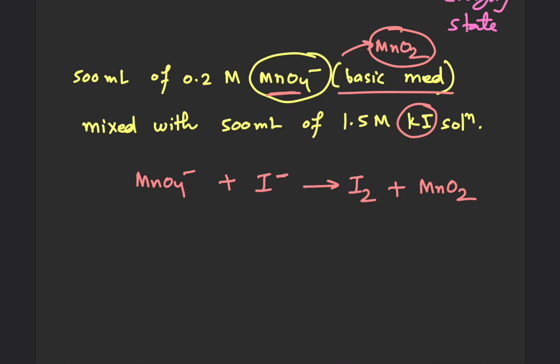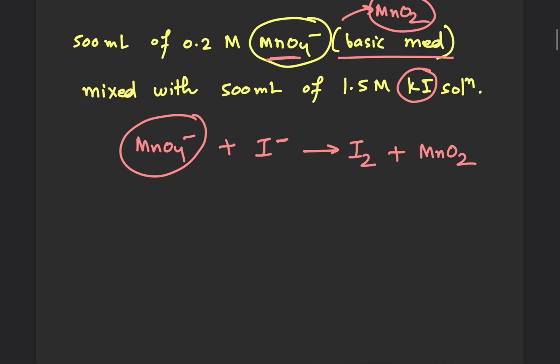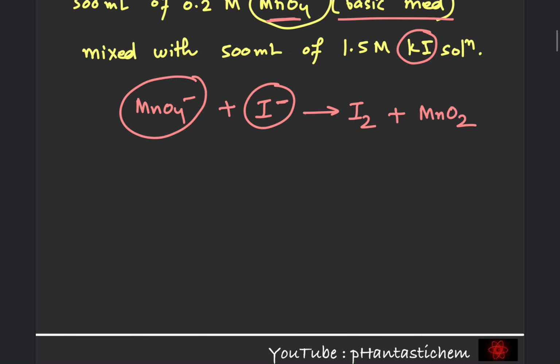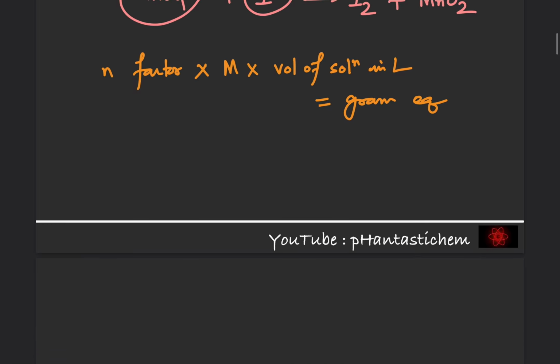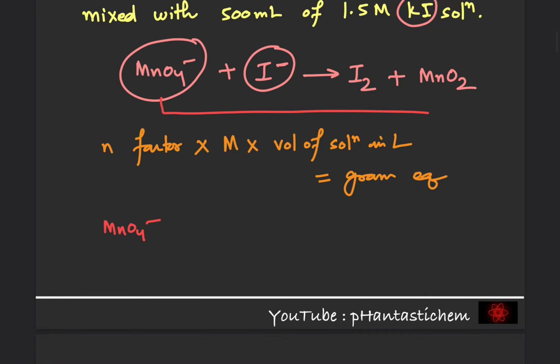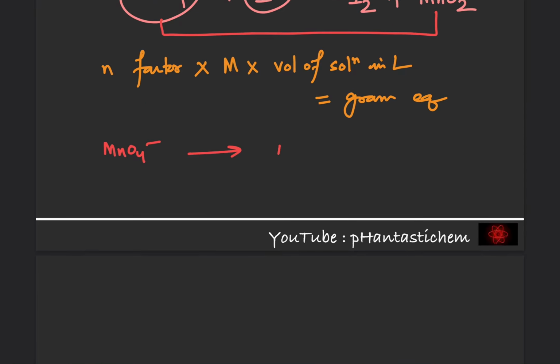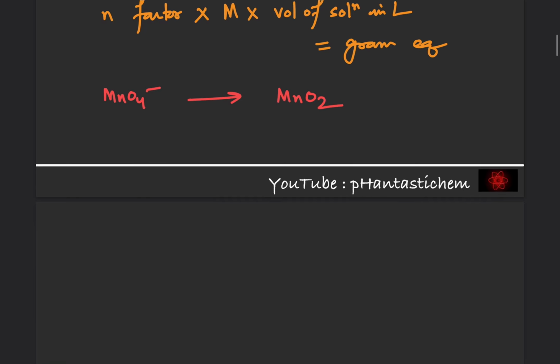So let's calculate the gram equivalence of MnO4 minus and I minus. Using the formula, we know that n factor into molarity into volume of solution in liters will give me the gram equivalence. Okay, so for MnO4 minus, you can see it is changing to MnO2. Okay, so let's calculate the oxidation state of Mn. x plus 4 into minus 2 will be equal to minus 1.